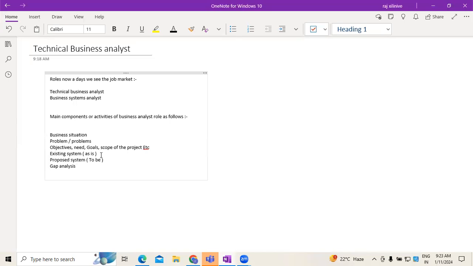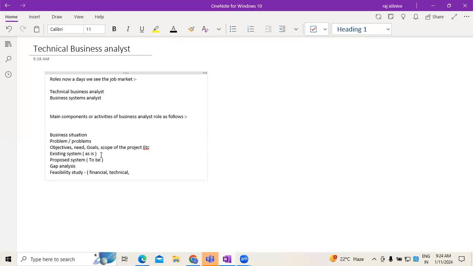At the same time, we do the feasibility study as well, because this feasibility study is categorized into different parts. One is financial feasibility. There are some processes we follow to perform this, and that's a detailed part. I think people who are already working as business analysts know that.